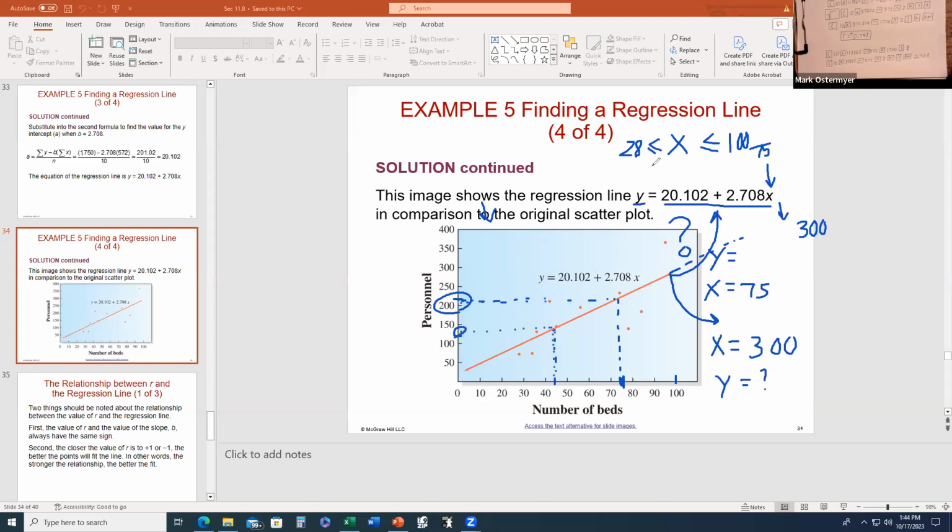So we would have faith in predictions for Y if we make a prediction for X lying in between these values, because this was the range of the X coordinates of the ordered pair data that we used to build this linear regression equation. So you never want to extrapolate outside of the range of X to make a prediction for Y. That's a dangerous thing to do.